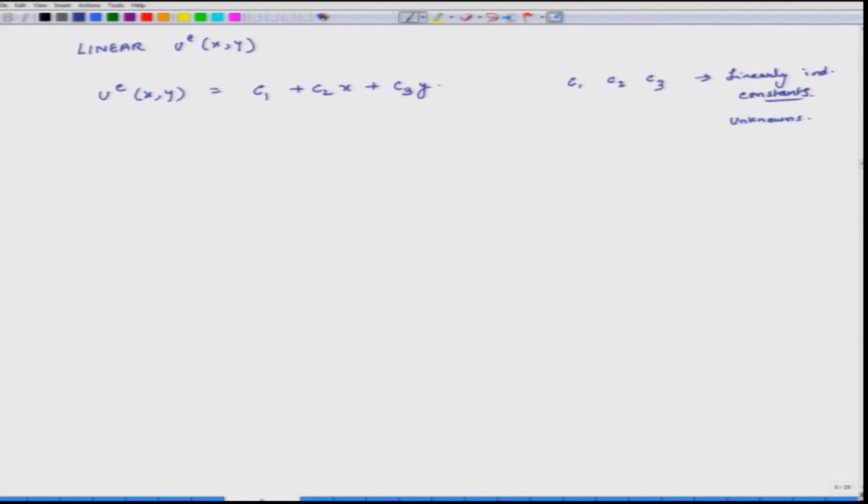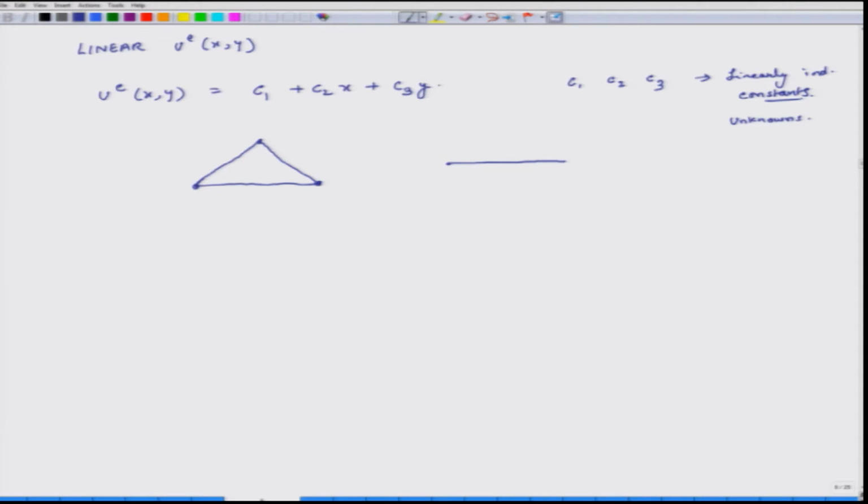So, we have three unknowns, and if we have three unknowns, then to find them out, we have to know conditions at three different points, right. So, we have to know conditions at three different points, which means this type of an expression could correspond to this type of an element.